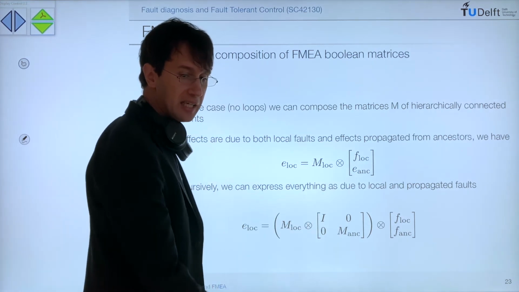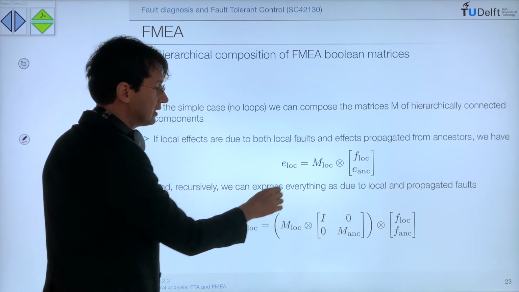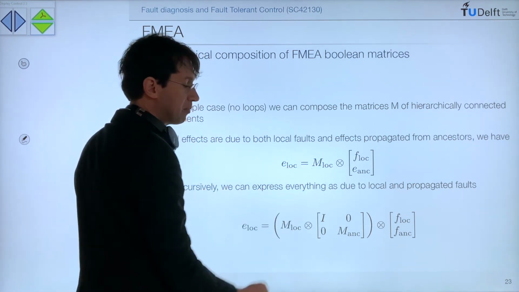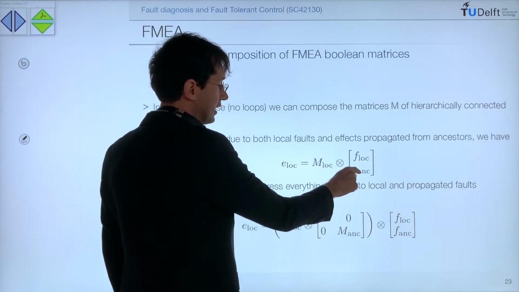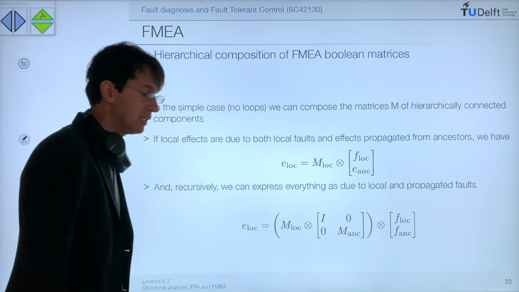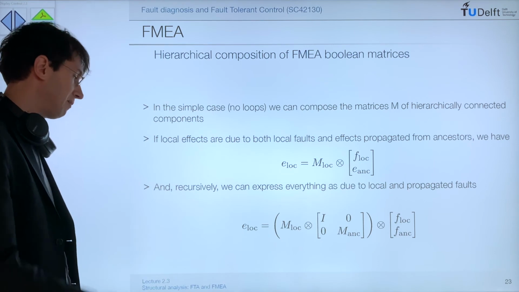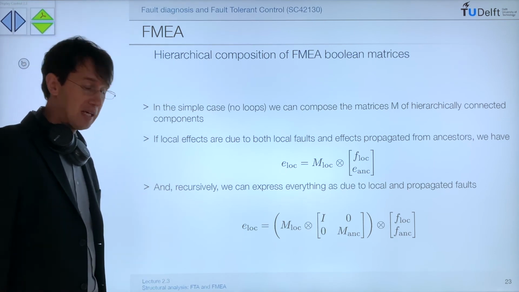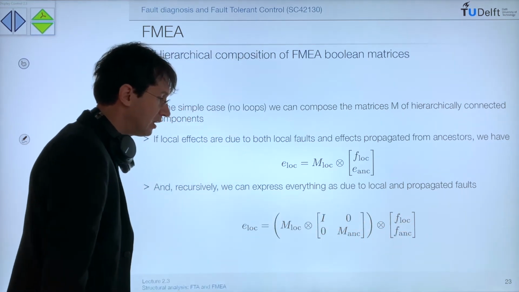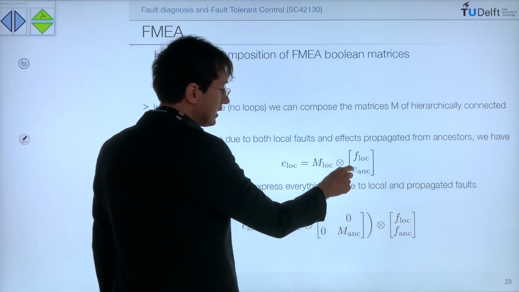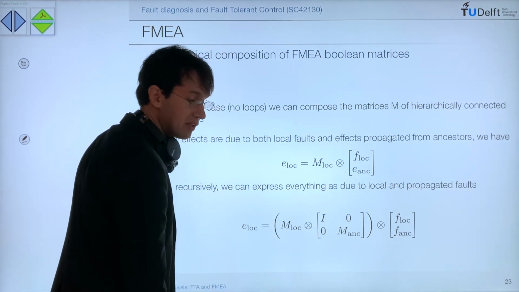Because actually we had this kind of expression, the local effect out of a component is due to a local propagation matrix that does this multiplication between local faults and propagated effects from the ancestors, so the components at the lower level. So the way to recursively expand this is to do this expansion. So we take the effects from the ancestors, and we know that they are computed how?